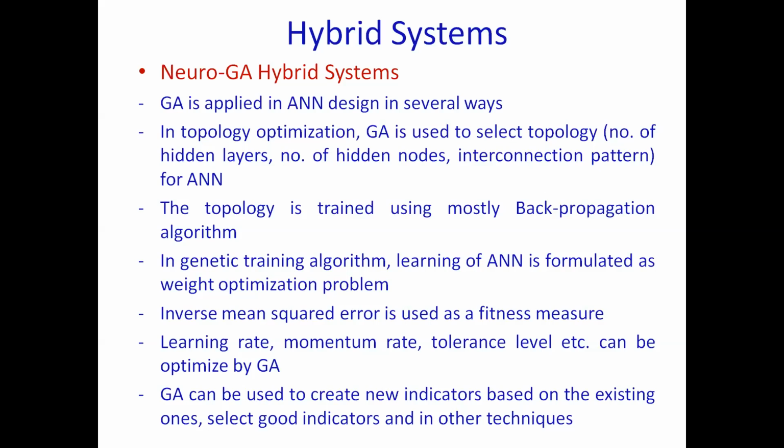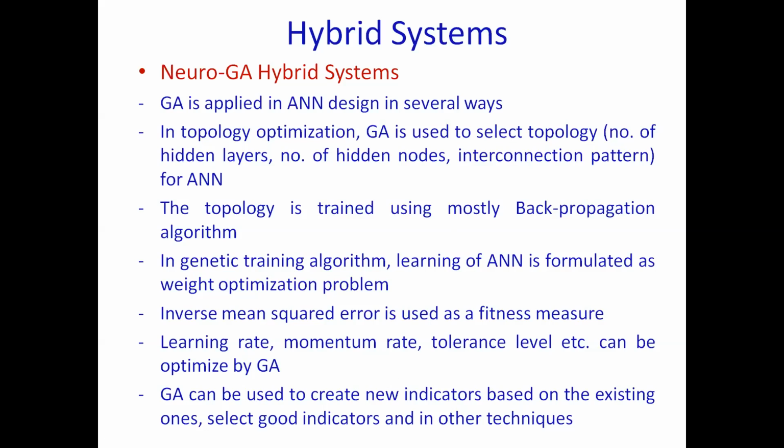And in case of genetic training algorithm, we can see that the learning of an artificial neural network is formulated as a weight optimization problem, usually using the inverse mean squared error as a fitness function or fitness measure. Many of the control parameters such as learning rate, momentum rate, or tolerance level can also be optimized using these genetic algorithms.